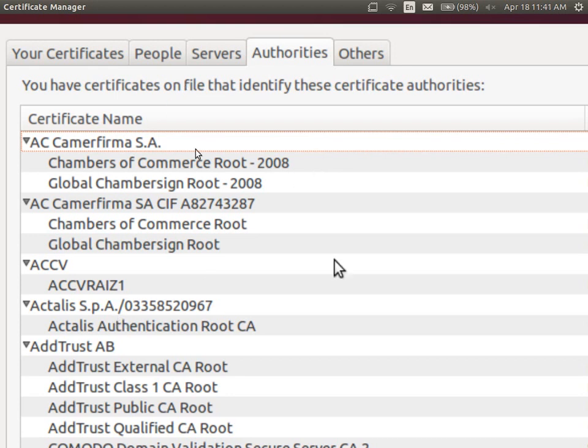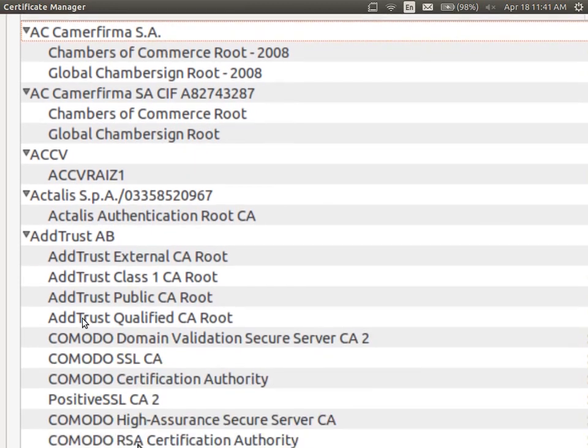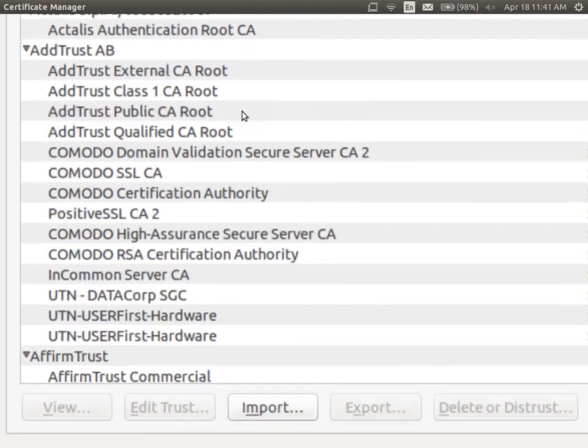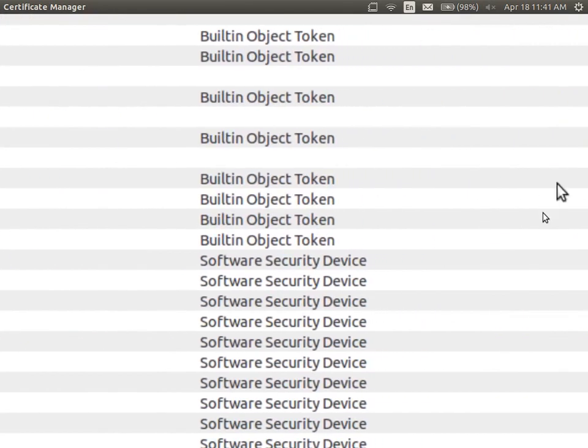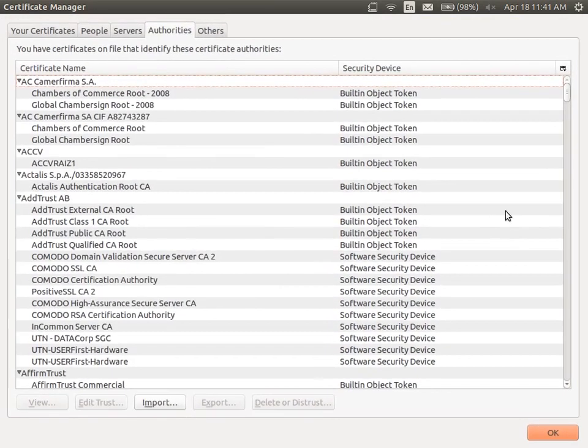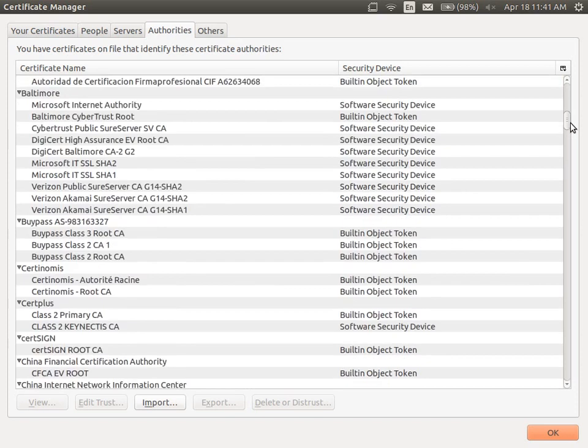Let's go through and see if you recognise any of the organisations. Let's go across and scroll down. Find Komodo.